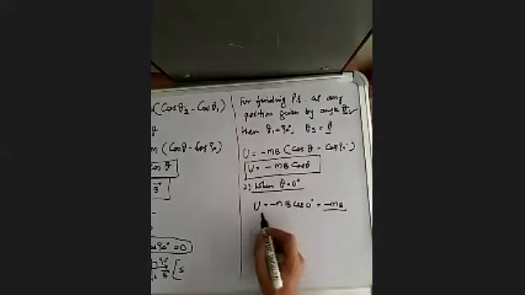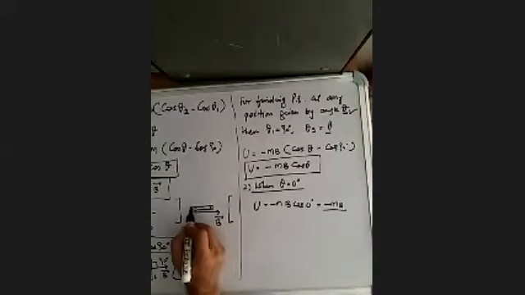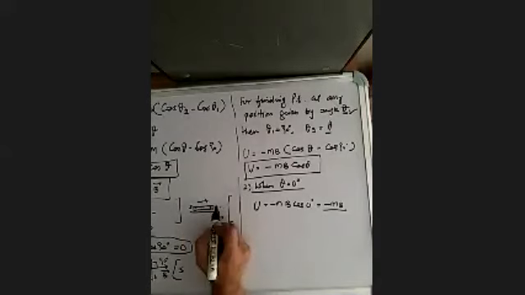So the energy when theta is 0 degree, that means, I'll draw it here, this is the direction of magnetic field, and this is the direction of the m vector also. So this is south, this is north, and this is vector m. So both are making angle 0 degree with each other.